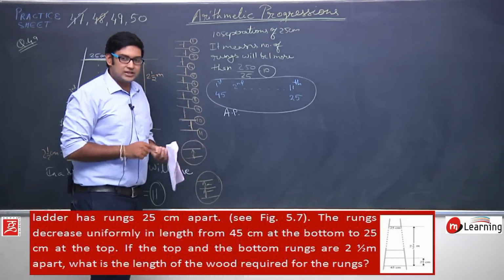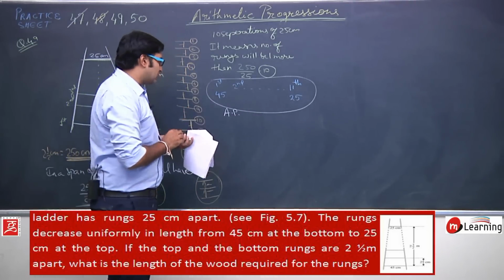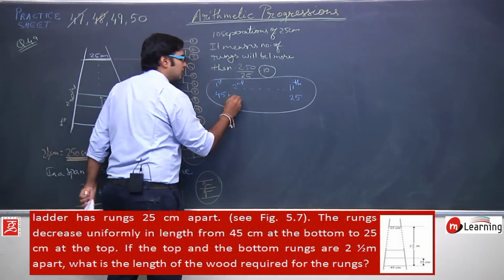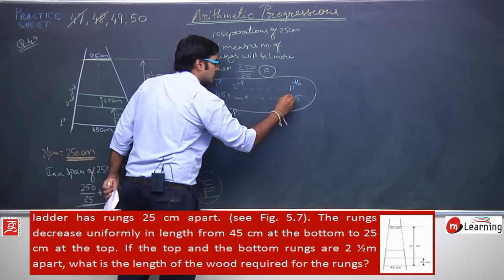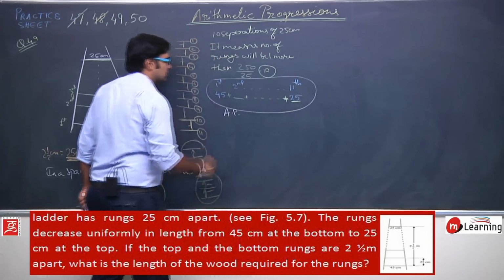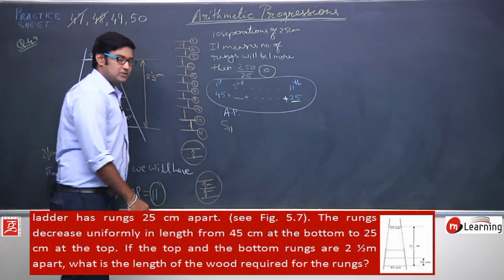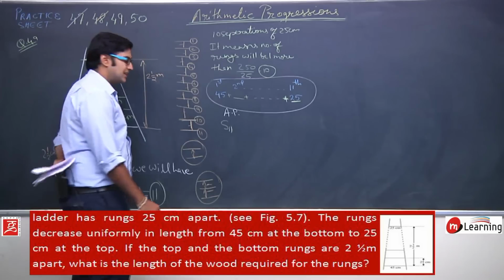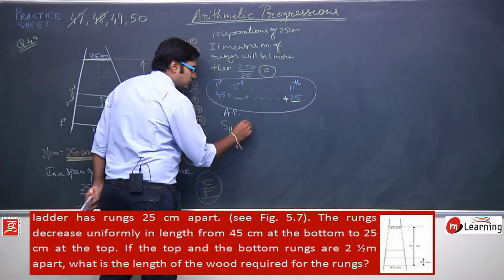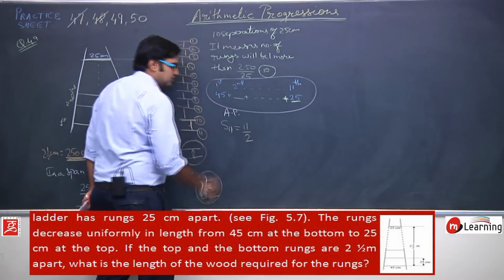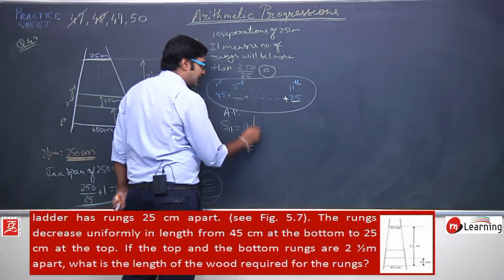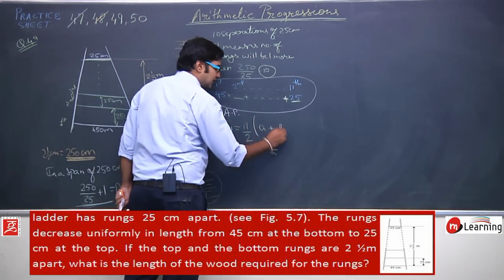Now observe, for this arithmetic progression I need to calculate the sum of all the values, sum of length of all the rungs. So sum of length of all the rungs will be S11, because this arithmetic progression has 11 terms, is equal to n by 2, that is 11 by 2 into the bracket a plus l.